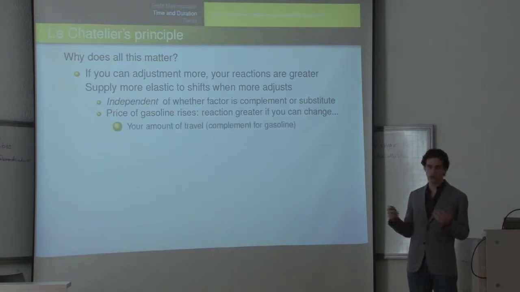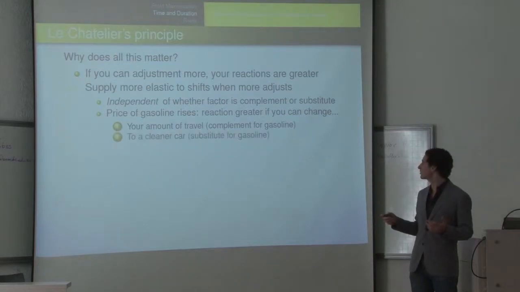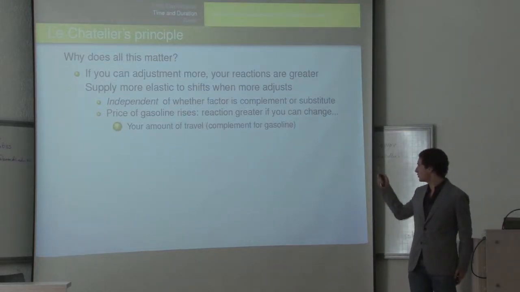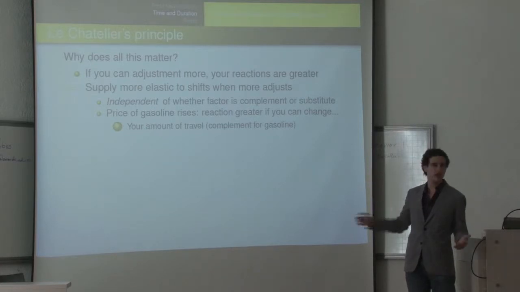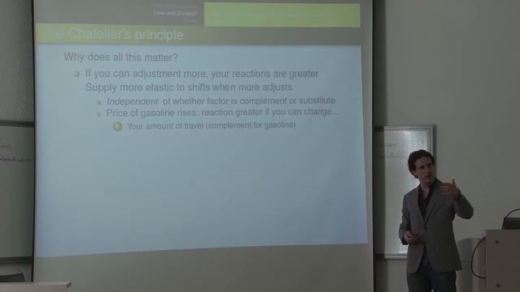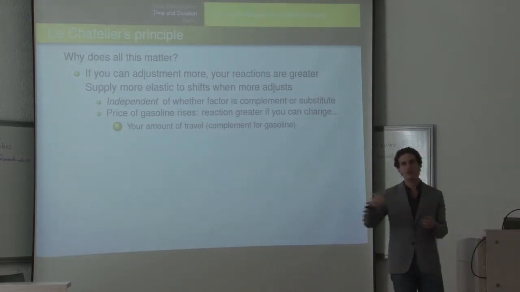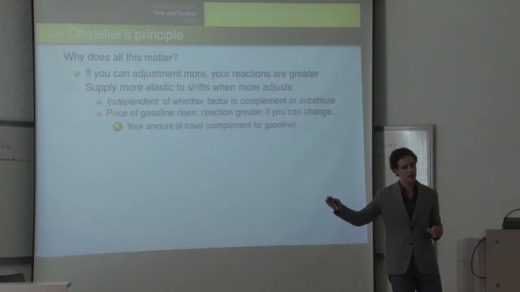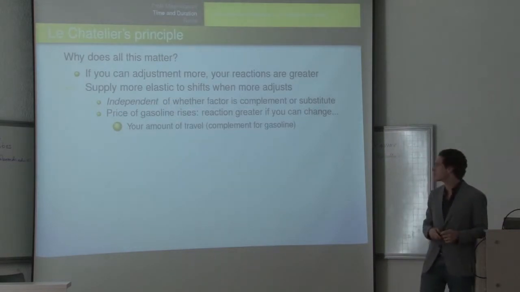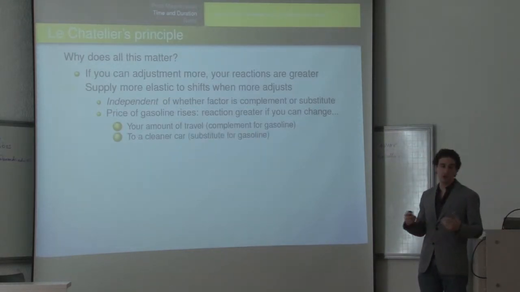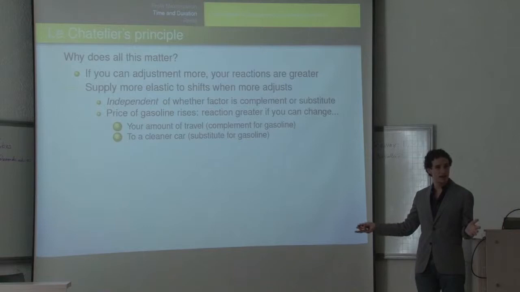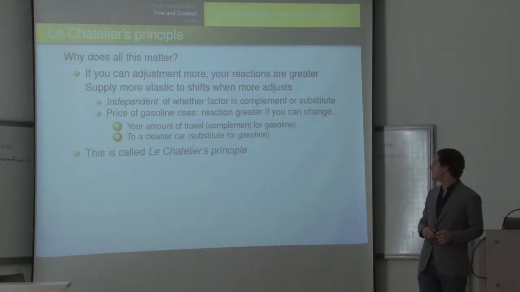And the reason is that over a long period of time, you can adjust more things than you can in a short period. So in a short period of time, you can adjust how much you travel, right? So there will be some reduction if gas rises temporarily, because people will put off their vacations till later, right? Or until the price of gas falls. But in a longer period of time, they can buy a cleaner car, right?